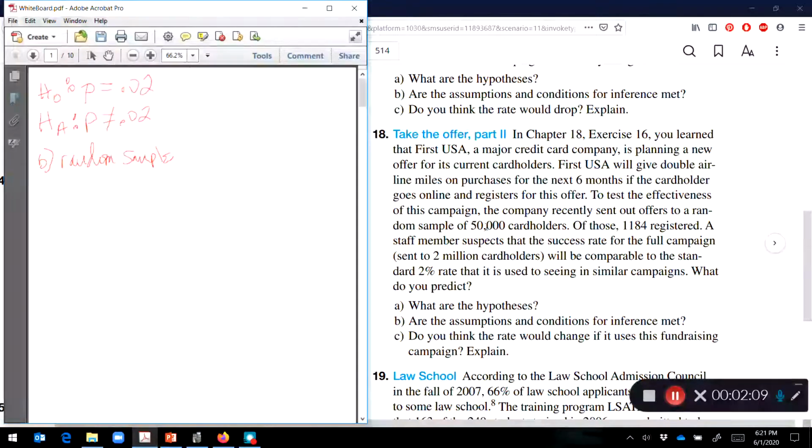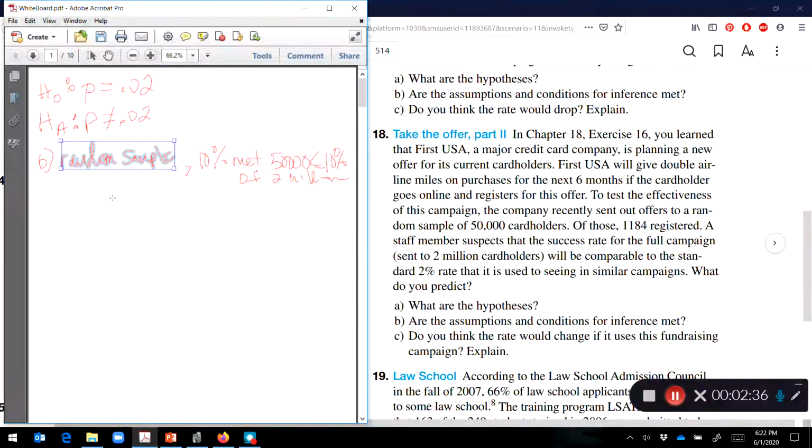If I multiply by 10, I'd get 500,000, and we're told it's 2 million cardholders. So our 10% condition is met, since 50,000 is less than 10% of 2 million.